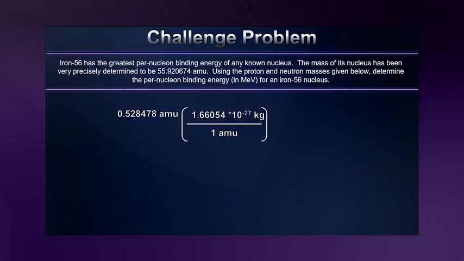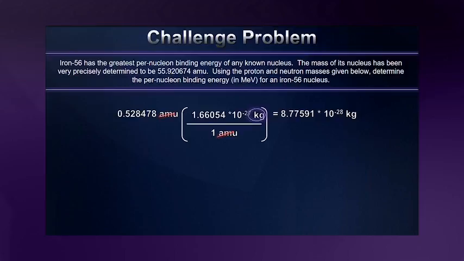I'm going to use this factor, 1.66054 times 10 to the negative 27th kilograms per atomic mass unit, which will tell me exactly how many kilograms of mass would be lost if we could build an iron nucleus in this way. And the answer here is 8.77591 times 10 to the minus 28th kilograms worth of mass.